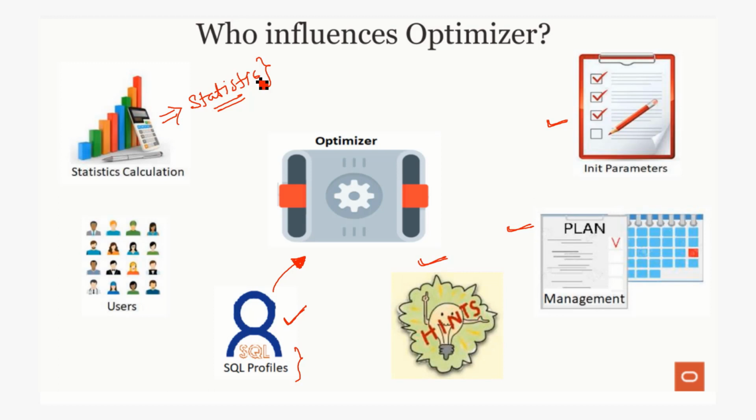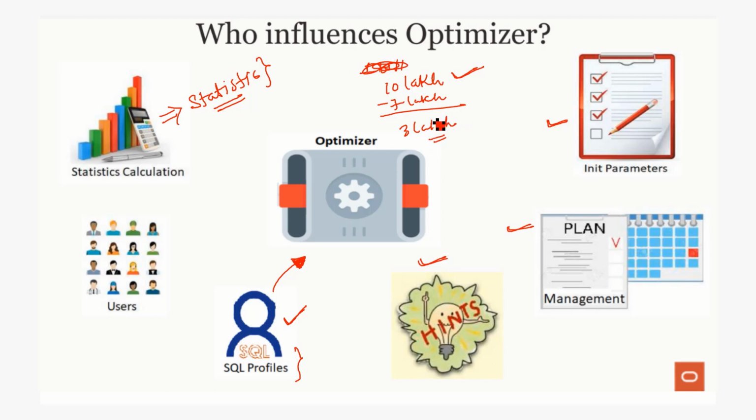In that scenario, the statistics will be changed. Suppose 10 lakh rows of data were there, and the optimizer knew about these statistics. Someone has deleted 7 lakh rows, and the optimizer is not aware that only 3 lakh rows are present in the database.